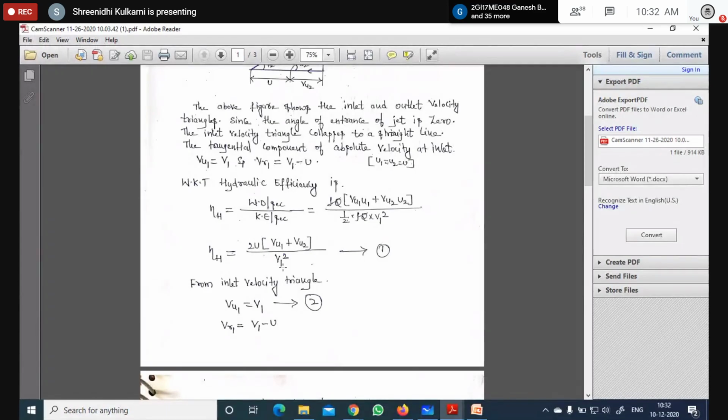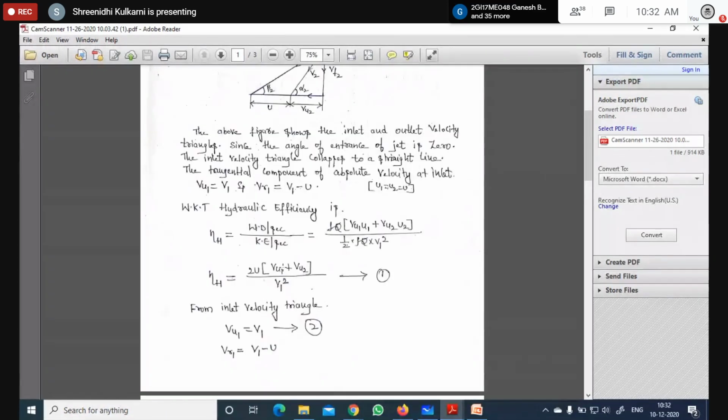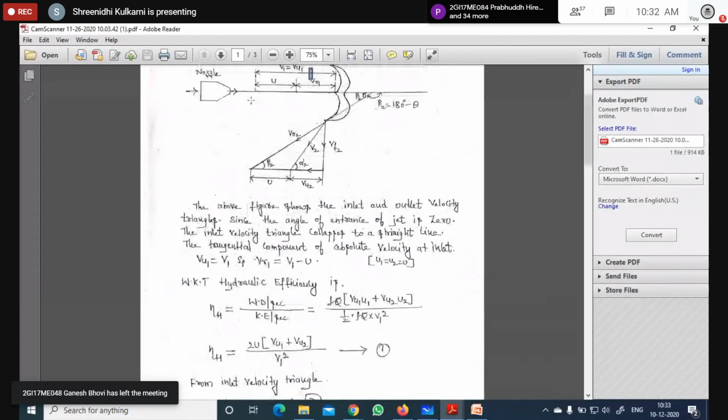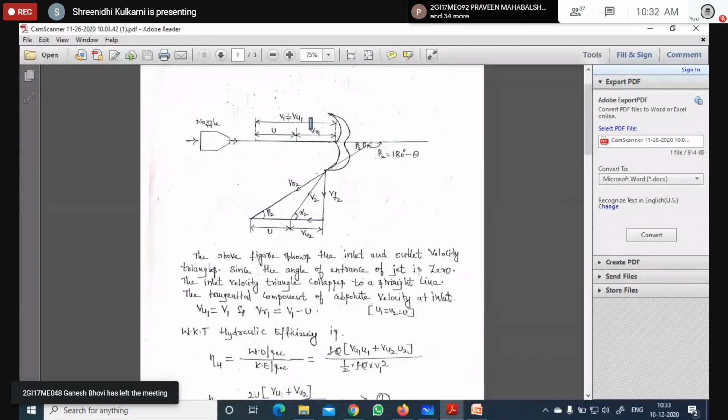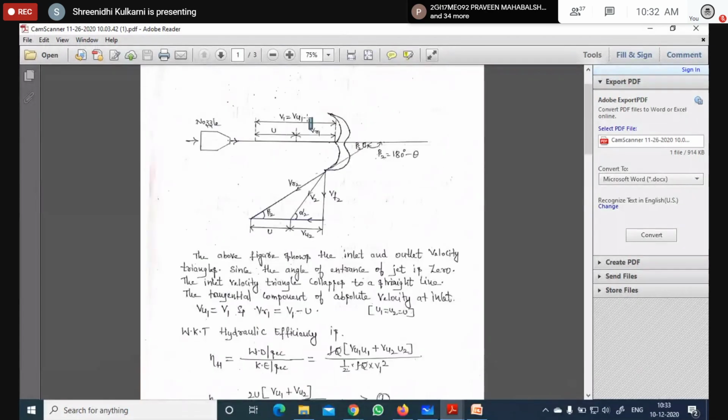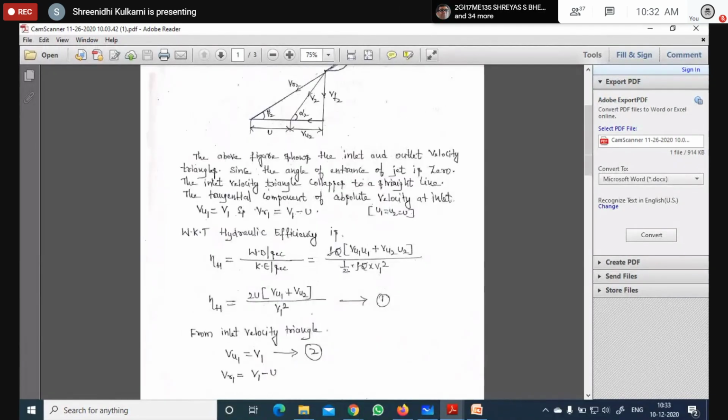Next, from the inlet velocity triangle, just now I told, Vu1 is equal to V1. And what is Vr1? Vr1 is equal to V1 minus U.